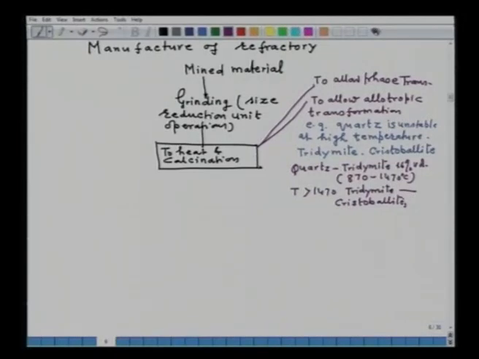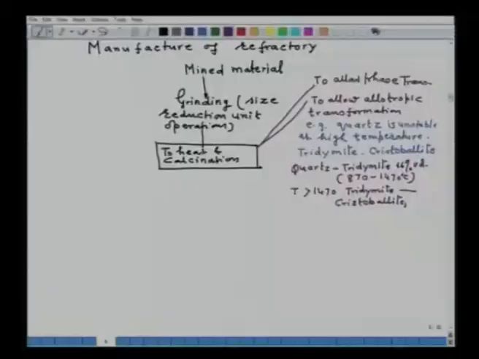So, what is important in the stage of heat and calcination is that the phase transformation, the allotropic transformation, must have taken place prior to putting the material into service. That is one of the very important aspects of heating and calcination.